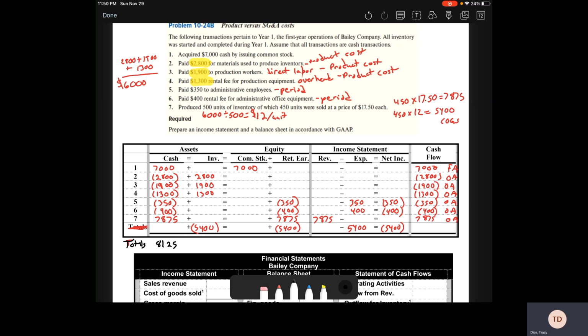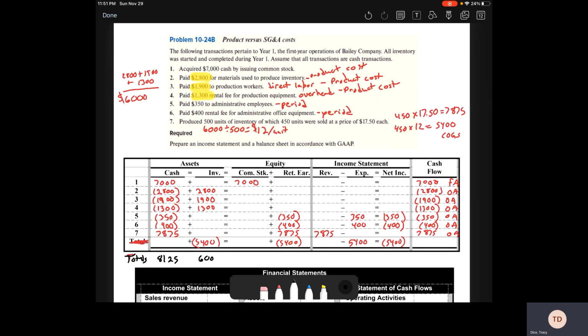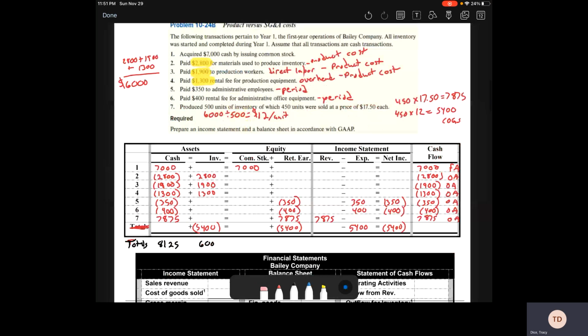My total inventory then, we come up with 2,800 plus 1,900, 1,300 minus 5,400, should get 600 in inventory. So that means that we've got $600 worth of product left. If we looked at it, does that make sense? Well, we produced 500, we sold 450, so that means we have 50 left. So 50 times 12 should give me 600.